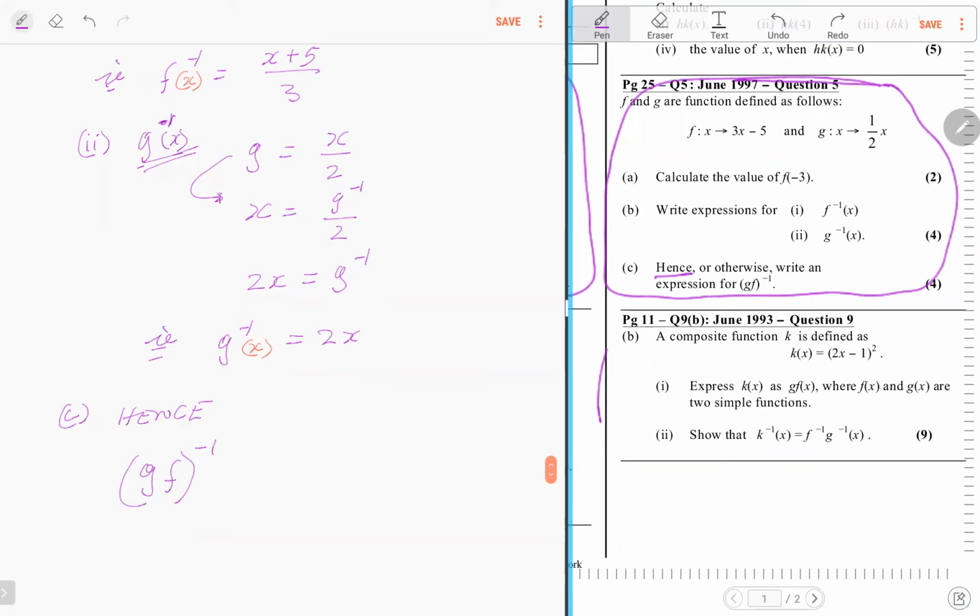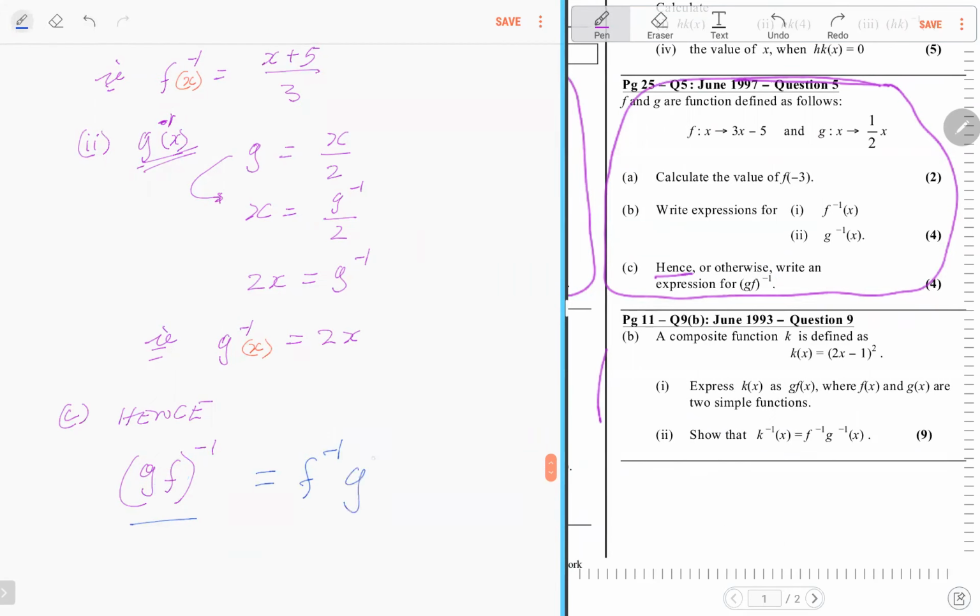So I'll use a different color now to show what we have to do. In terms of these two things, the f to the minus 1 and the g to the minus 1, we have to know that this thing here is equal to f to the minus 1 of g to the minus 1. If the f comes second in here, it must come first out there.